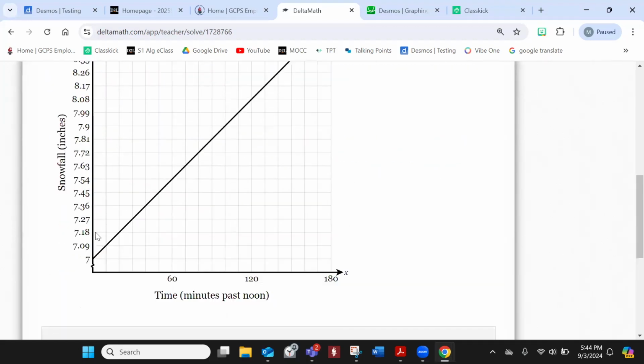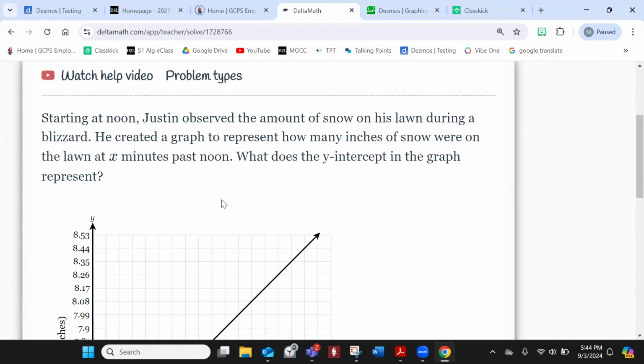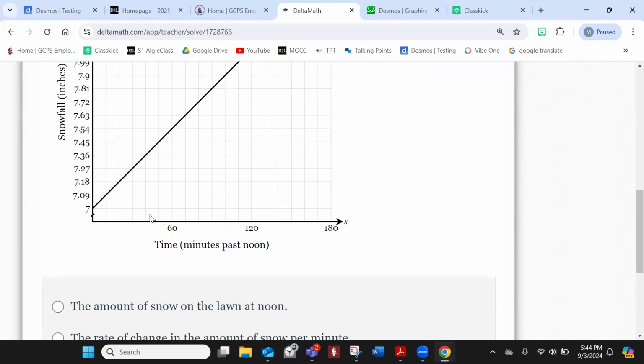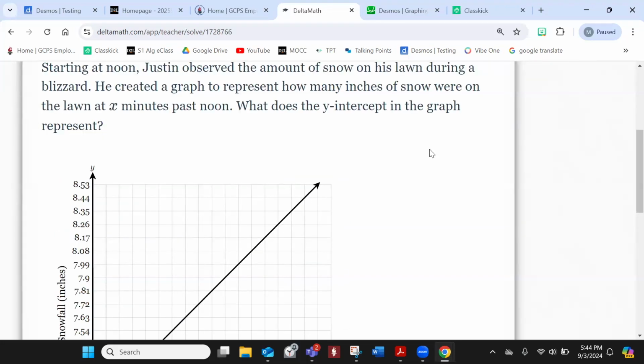Okay, remember the y-intercept is where the graph crosses the y-axis, and here we go, right here at 7. The y represents the inches of snow. So it says, what does the y-intercept represent?